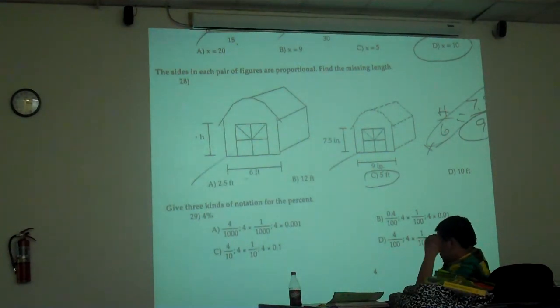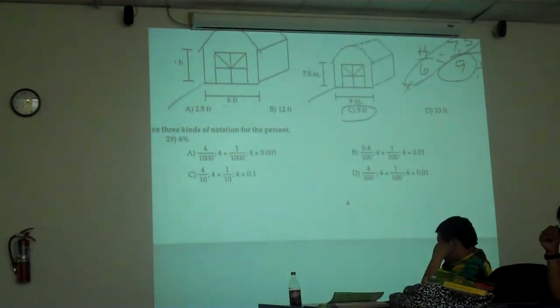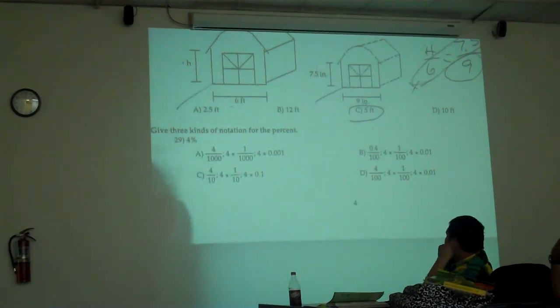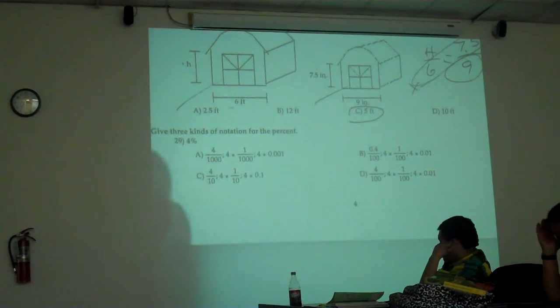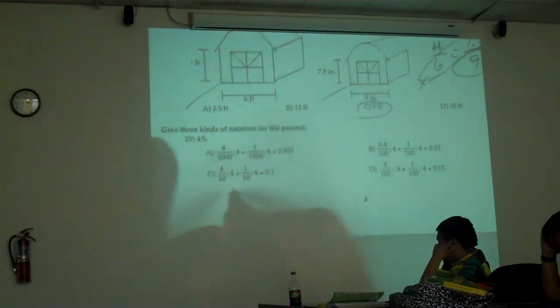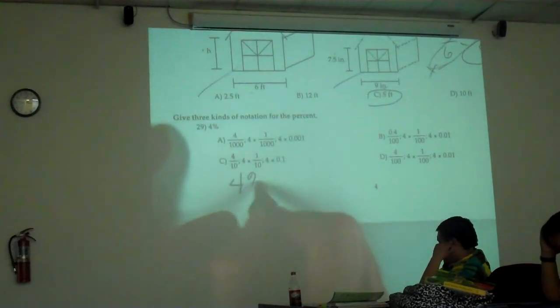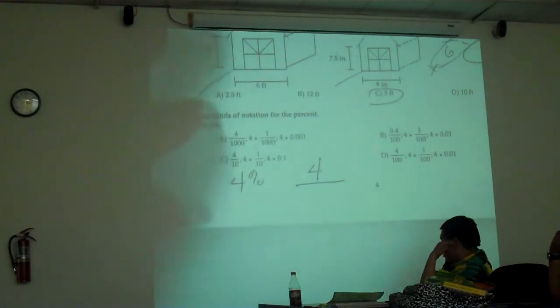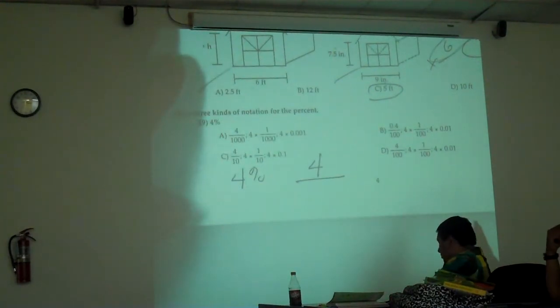Number 29. Percent. If you don't have multiple choice, make sure you remember how to write these, okay? Because it's not going to be all multiple choice. 4%, you need to write that over what? Percent means out of 100.